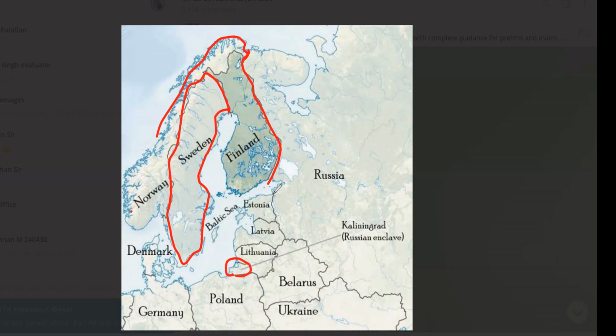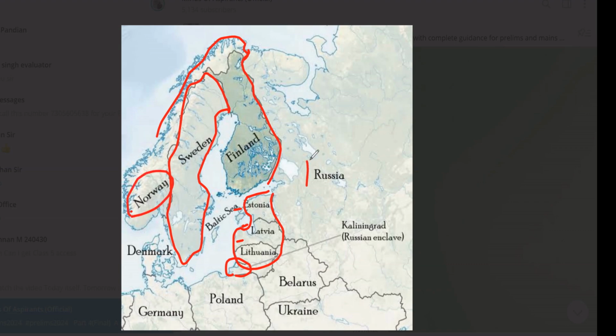These are also countries part of NATO. So two countries have become NATO countries in recent times. Lithuania, Latvia, Estonia have been part of NATO. Norway also was part of NATO.